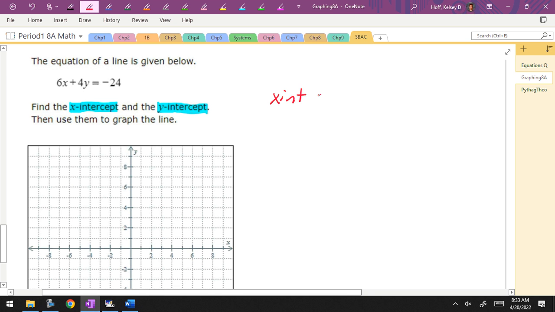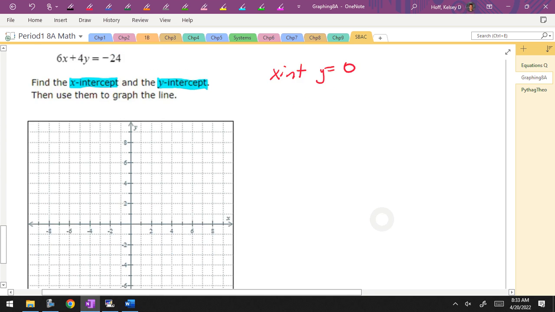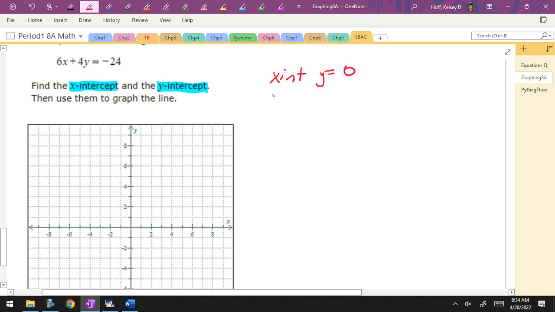I'm impressed that you remember that. Y equals 0. So we take our equation, 6x plus 4y equals negative 24, and we're going to plug in 0 for y. 6x plus 4 times 0 equals negative 24.